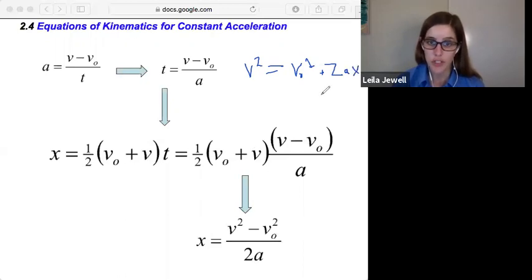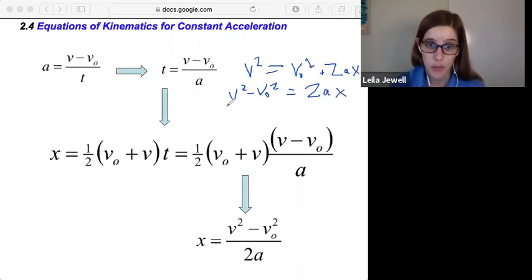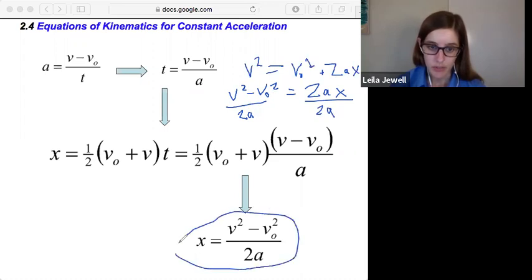If we want to solve for displacement, we're going to need to subtract the v0 squared from both sides. So v squared minus v0 squared is equal to 2ax. And now to get the x by itself, I'll divide both sides by 2a. Divide both sides by 2a, then we arrive at this same equation here. So it's just coming back from this key equation, one of our basic super kinematic equations.